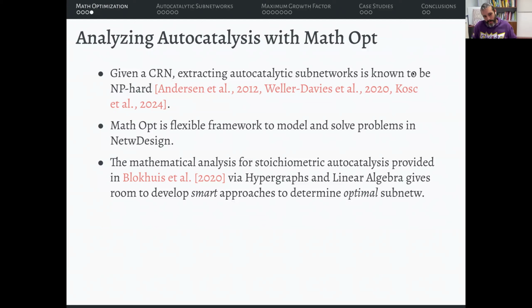And then the paper by Alex and his colleague is a perfect framework to find a way to model mathematically all the elements that are behind a chemical reaction network and autocatalytic subnetworks.